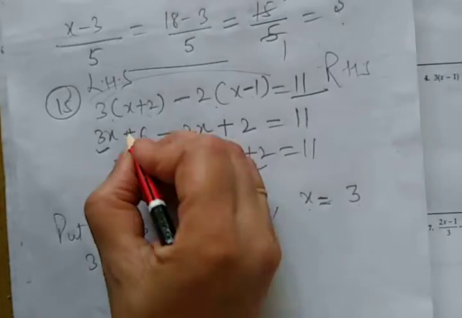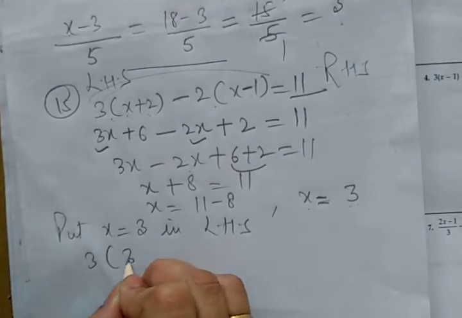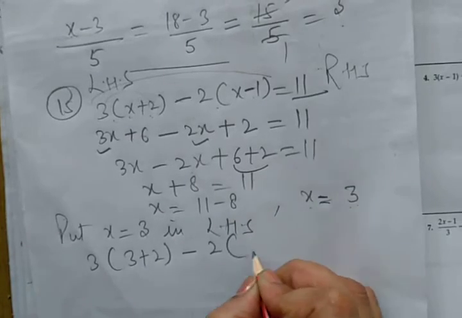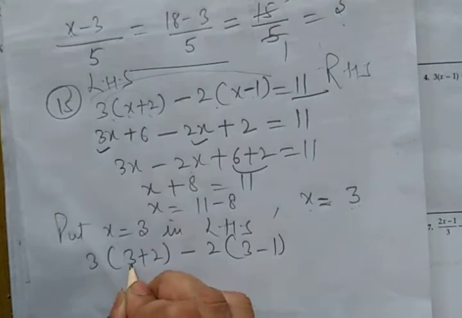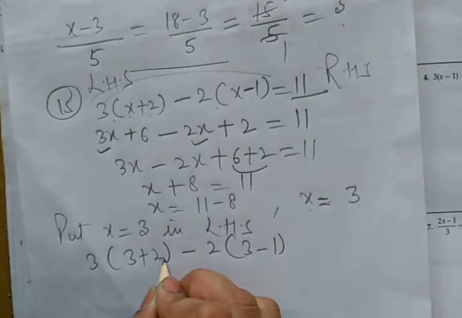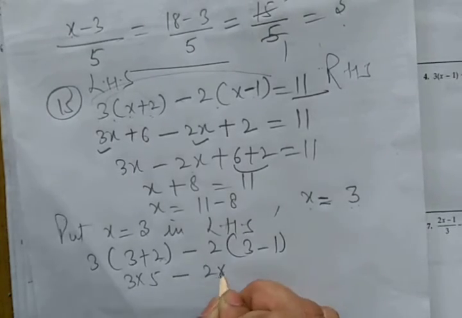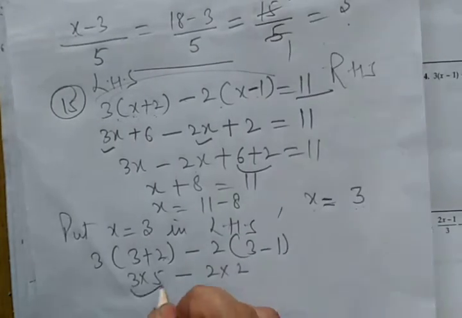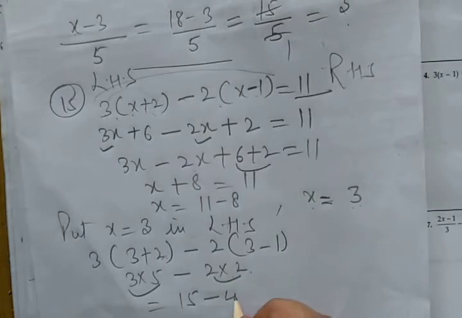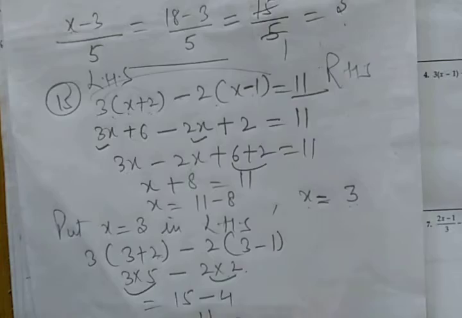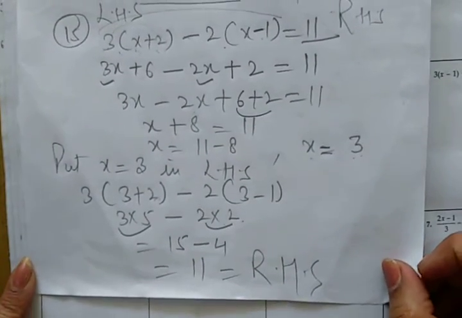So 3 into, in place of x we are putting 3, 3 plus 2 minus 2 into 3 minus 1. So this is 3 plus 2, 5. 3 into 5 minus 2 into 2. So 3 fives are 15 minus 2 twos are 4. So it is equal to 11, which is equal to the right hand side.